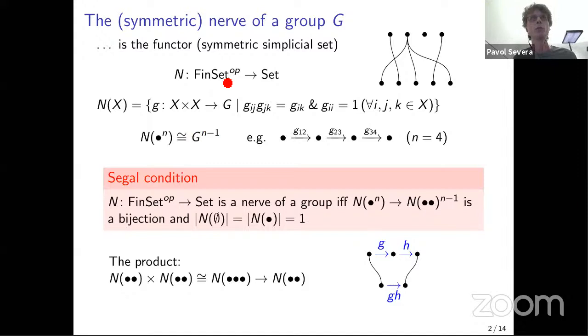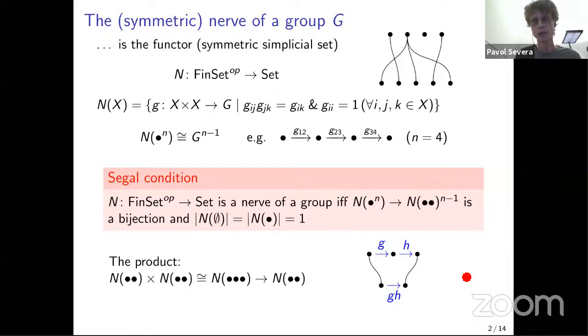So this nerve will now be a covariant functor from finite sets to commutative algebras, just like that. The Segal condition will stay as it is. The only thing that happens is that the arrow gets reversed because it's a covariant functor now, and instead of the ordinary power, we get the tensor power. So that's what it roughly looks like.